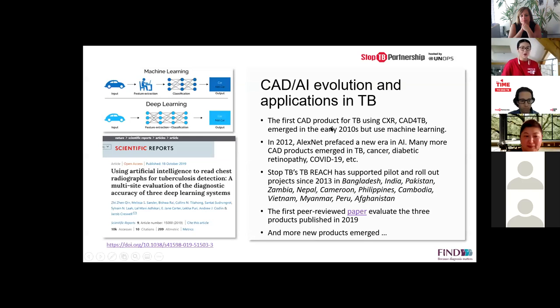At that time, there was only one package, produced by Delft, called CAD4TB. And at that time, the main AI technique that was used was machine learning, which will come to be important because in 2012, there was a major breakthrough in the space of artificial intelligence with AlexNet, which pioneered the use of GPUs to build a deep learning neural network.